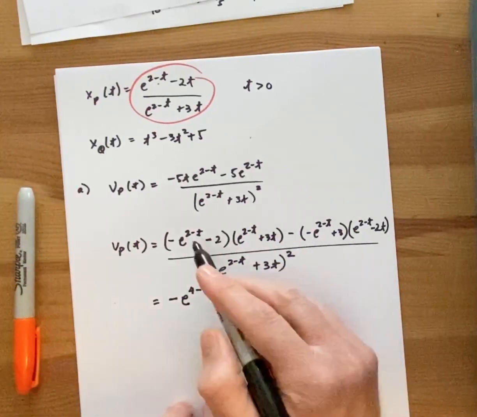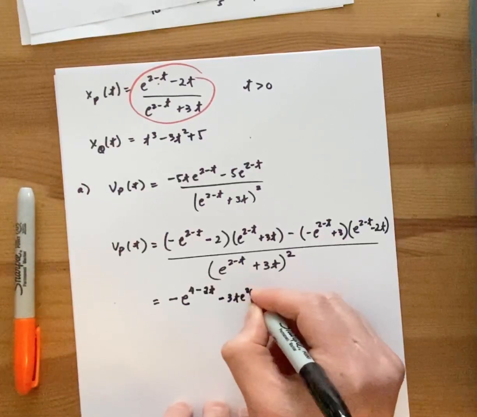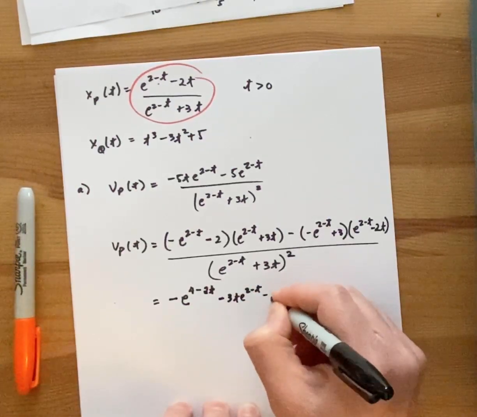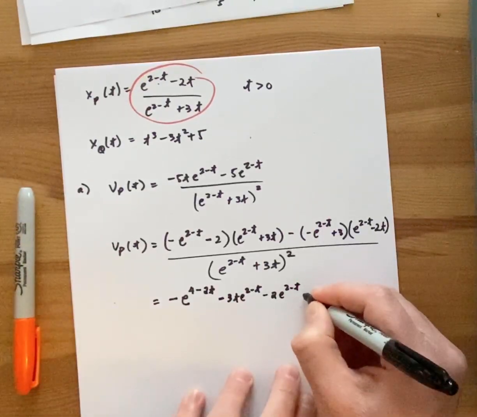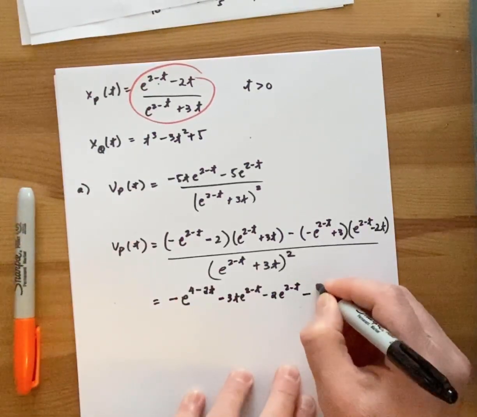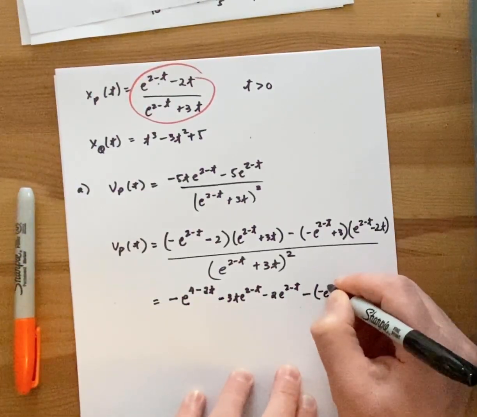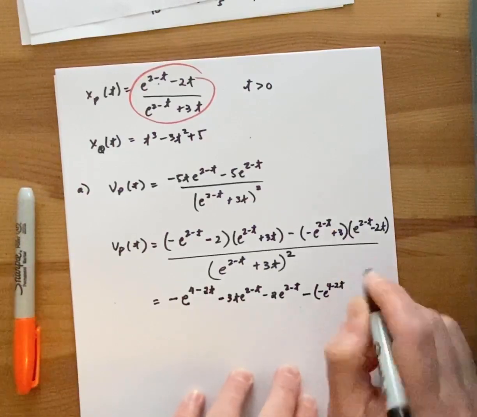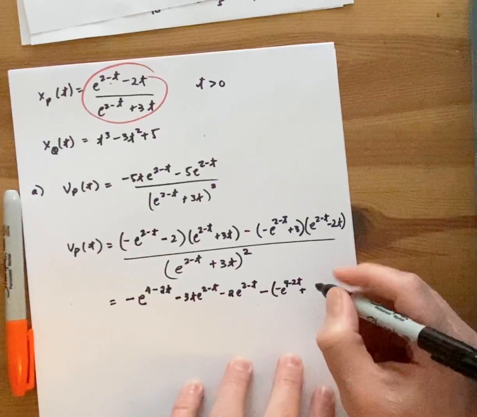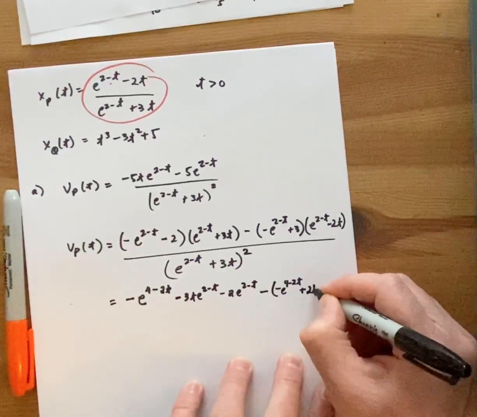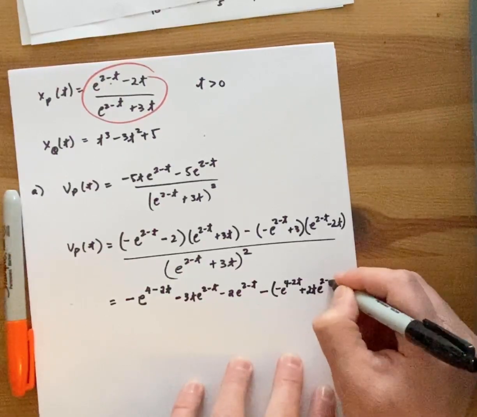And then now we could do our distributive property here. So minus 3t e to the 2 minus t minus 2 e to the 2 minus t, right? Here I'm going to get a negative, let's just do it this way. So you have a negative, same thing, e to the 4 minus 2t minus, oh, no, so this is plus 2t e to the 2 minus t.